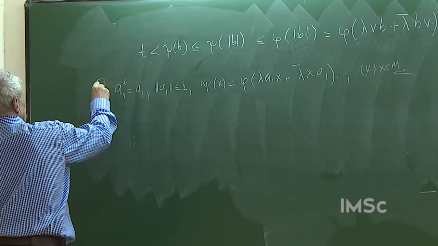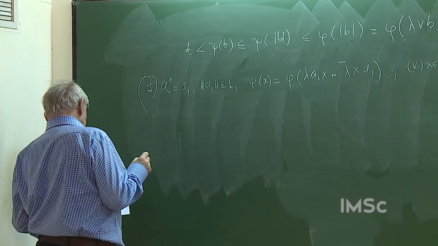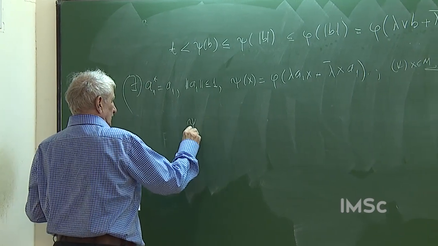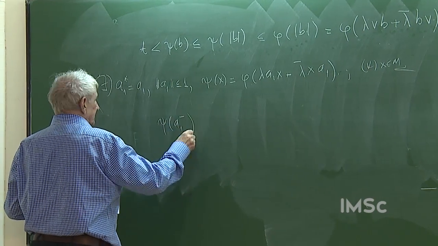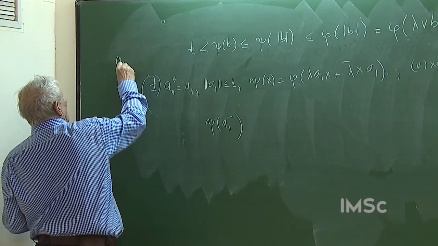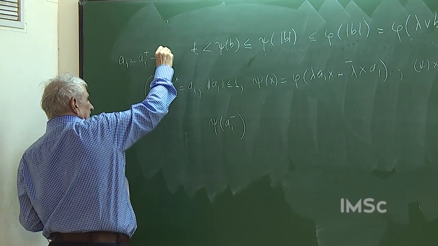Now, let's do the following. Let's compute psi of the negative part of A1, because A1 is written as A1 plus minus A1 minus.